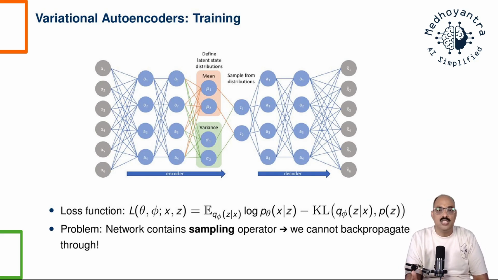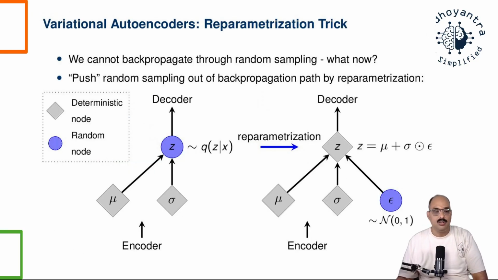When you actually sample from the probabilistic distribution, this starts giving you a generative perspective of the VAEs, or variational autoencoders. This process is called reparameterization.